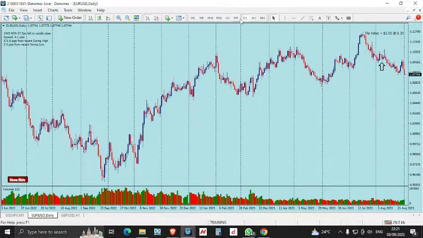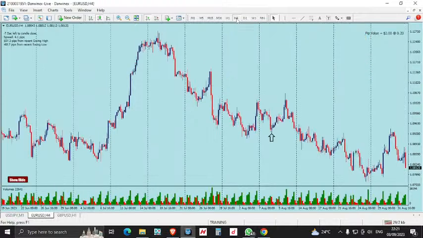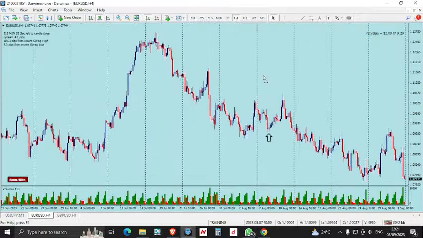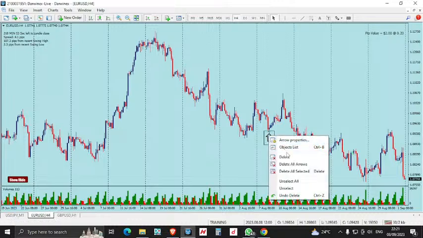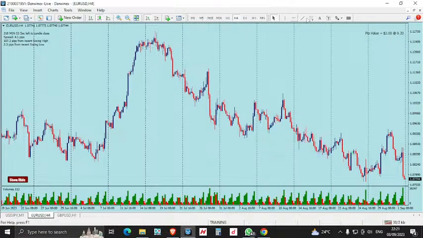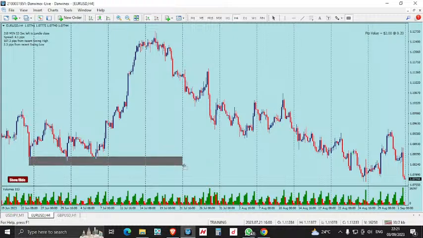Let us analyze it practically. Okay, I'm going to use the 4 hours candlestick now. Look at this candle. There was an area of interest here.